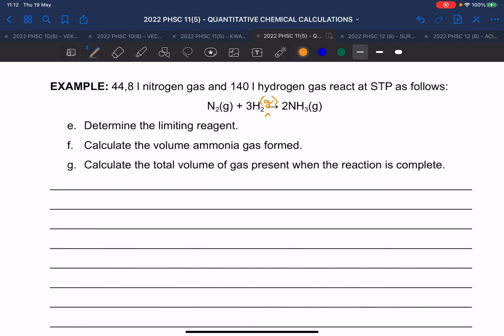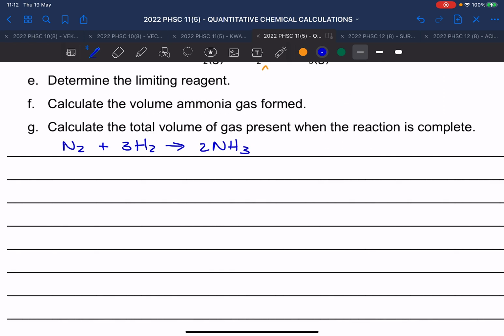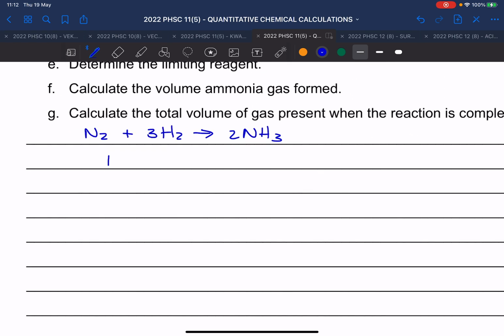Same as with the mole table, you are first going to start with your balanced equation. Always. Okay, that is 1 to 3 to 2, and I'm just going to highlight this to remember this is just my recipe. This is not what I have.